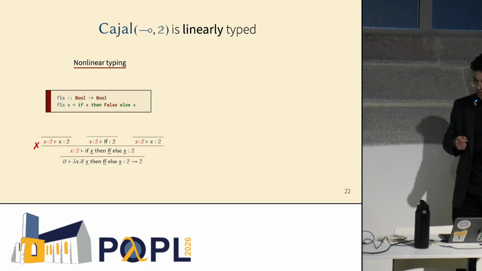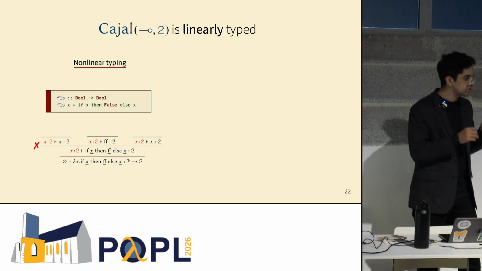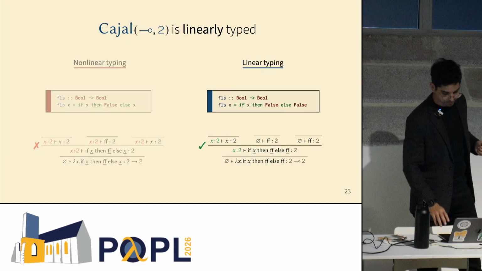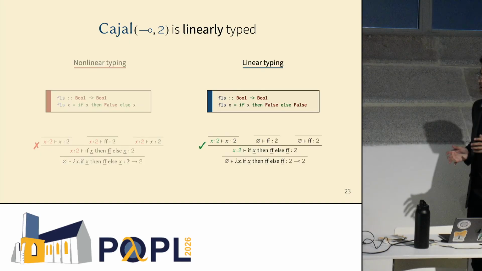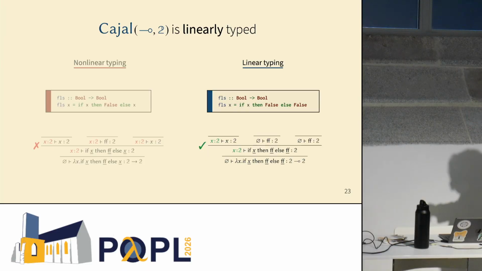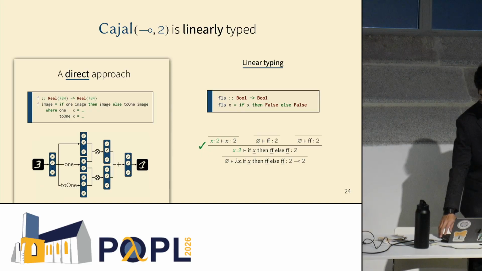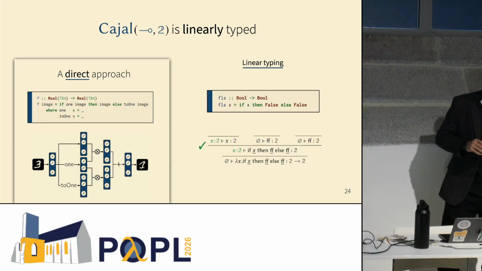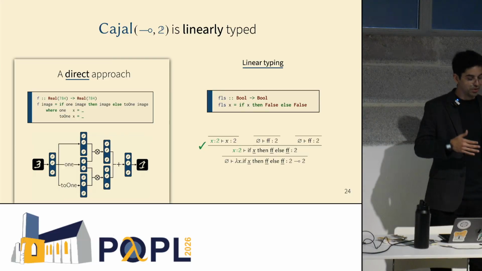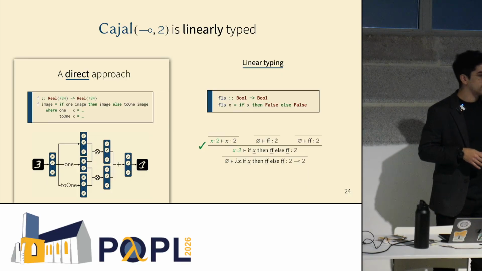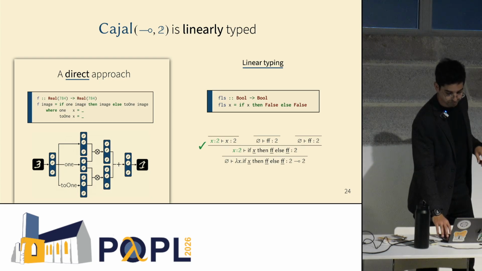And so these structural properties of the type system have a deep implication on your ability to do this kind of a trick. So with linear typing, again, you're not able to do this. It's a lot more restrictive on how you can duplicate assumptions in a context, for example. And so behind the scenes in Cajal, linear typing is doing a lot to make sure that we can take a program like the one above and compile it into something like below.